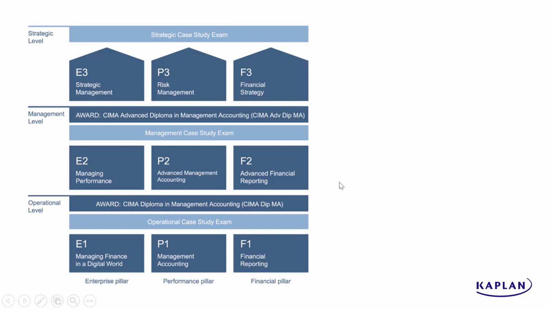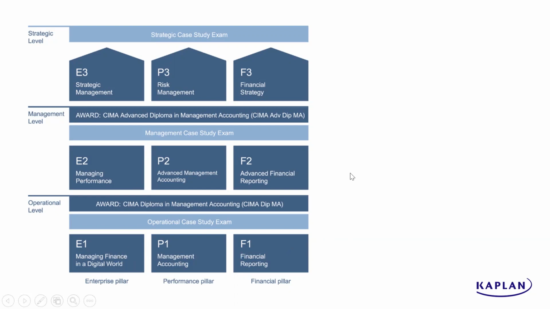The CIMA qualification has three pillars: the enterprise pillar, which consists of the E1, E2, and E3 papers; the performance pillar, which is perhaps more of what you would understand as traditional management accounting, consisting of P1, P2, and P3. And we then have the financial pillar, the pillar that contains the CIMA F2 paper, which is where we're going to focus most of our attention. So F1, F2, and F3 sit within that financial pillar.